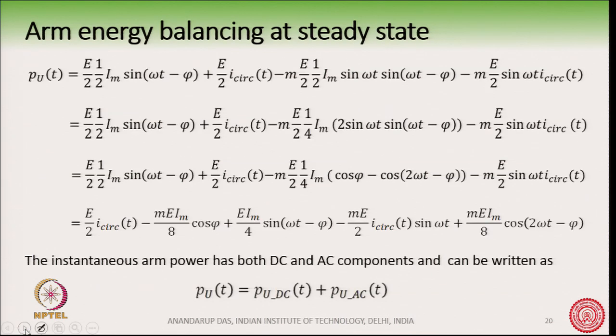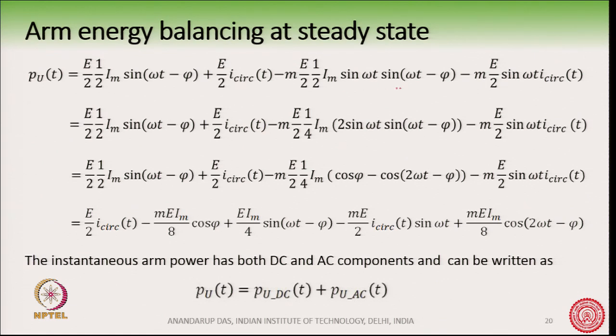So, what do we get? We get a big expression like this in P u(t), where we have multiplied them. You can also do it yourself. You multiply all of them one by one and you get a big expression here.